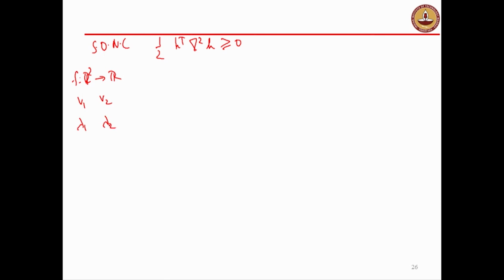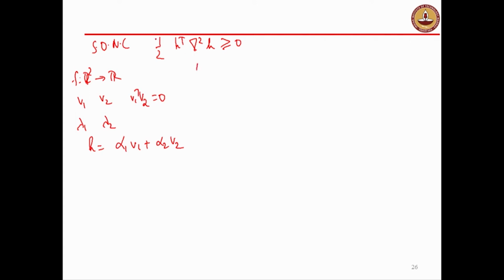We know they are real, and V1 and V2 are perpendicular to each other, so V1 transpose V2 is equal to 0. Because they are independent eigenvectors and this is in 2 dimensions, my h can be written in terms of V1 and V2.